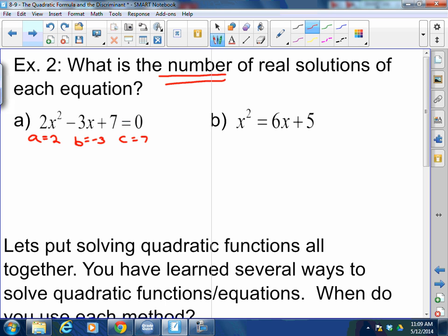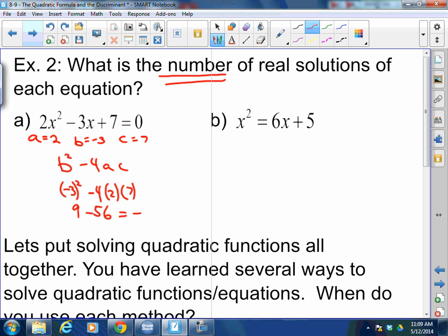But to find how many solutions I have, I'm going to use my discriminant, b squared minus 4ac. So b squared, negative 3 squared, minus 4 times 2 times 7, that's 9 minus 56, right? Because 4 times 2 is 8 times 7, 56.